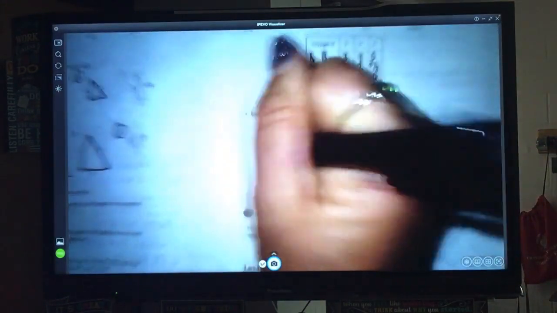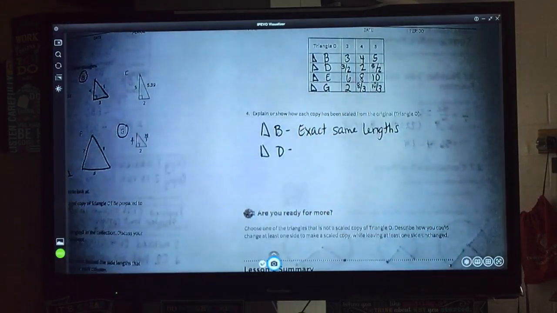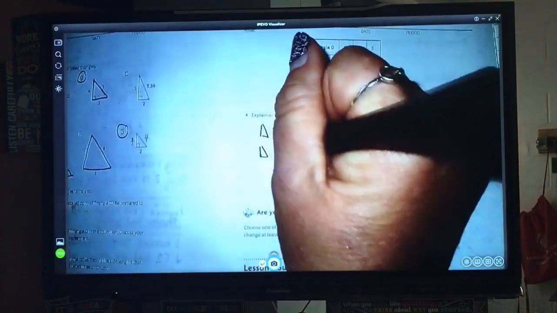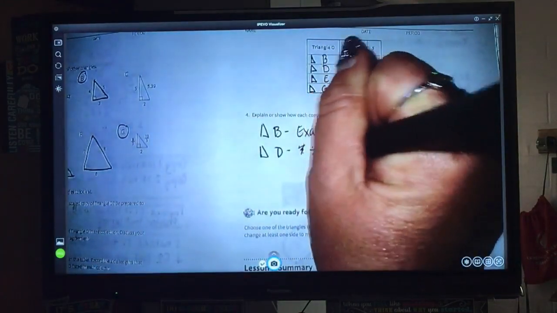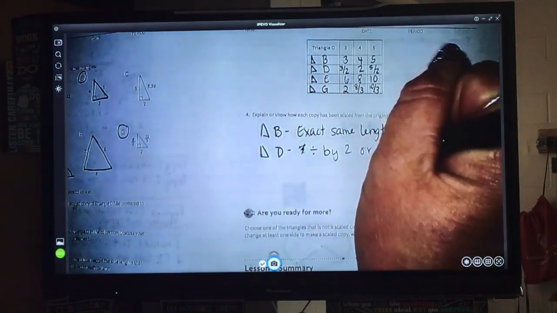All right, what about triangle D? How is that one scaled? I have a question about B. So can you just put ×1? Yeah, you can put ×1 or you don't have to put times anything because you don't have to do anything. Okay, and then for D it's divided by 2, or multiplied by half.